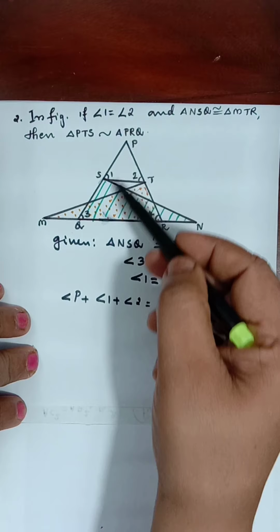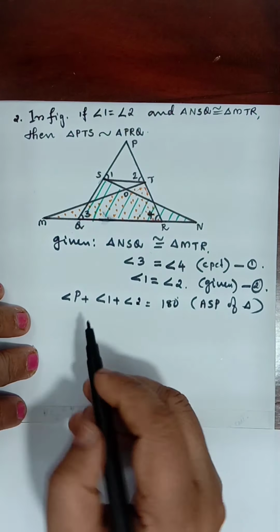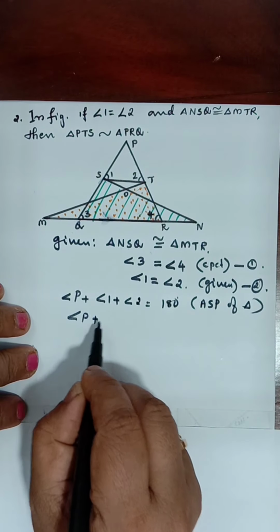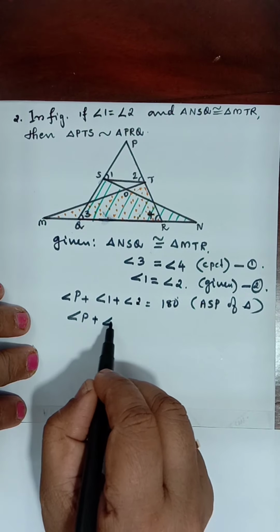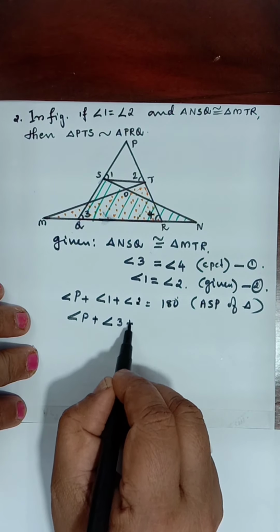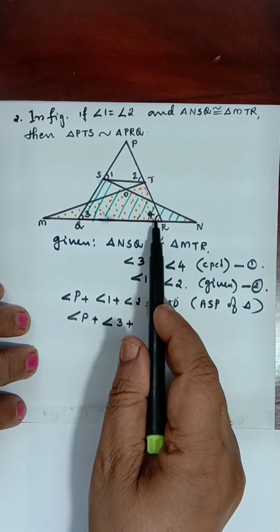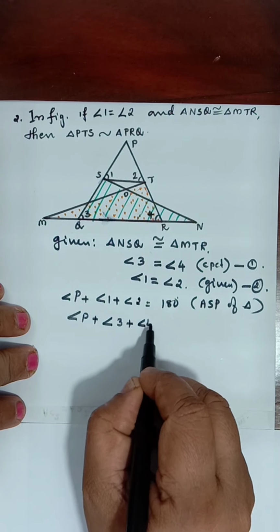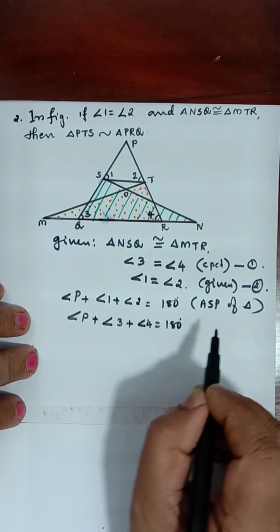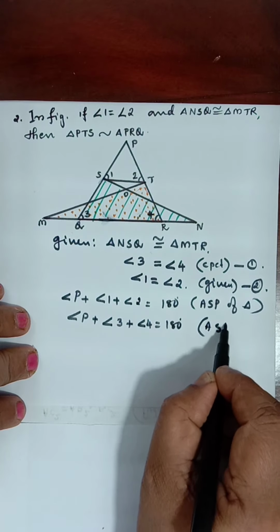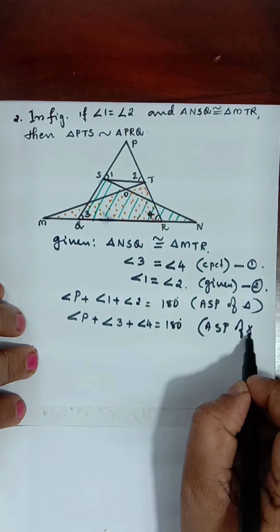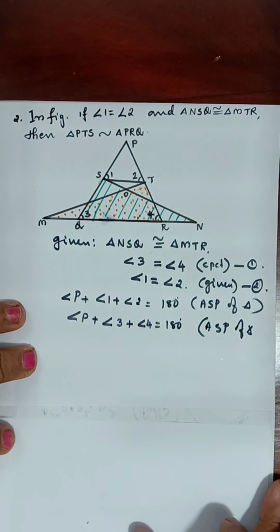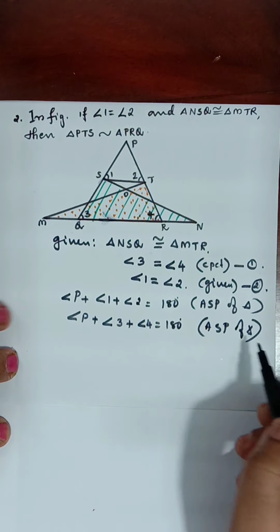Similarly, when we consider PQR, in triangle PQR, angle P plus angle Q, which is actually angle 3, plus angle R, that is angle 4, is equal to 180 degree. That is also angle sum property of the triangle.